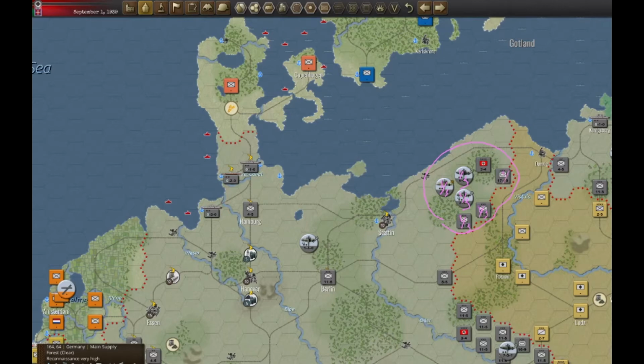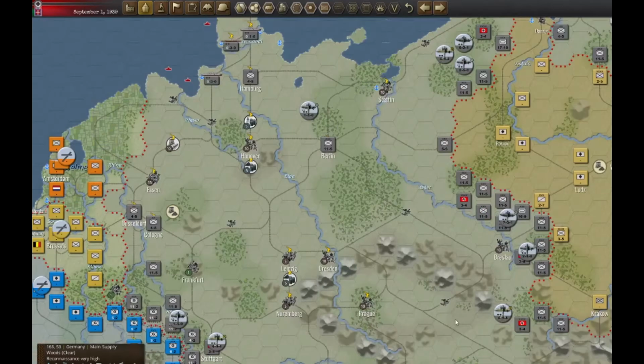So Germany at this point in time, before it's even made a move in upkeep, this is 2 1/3 oil points being used for supply trucks to deliver the necessary supplies for these units to be functional for their turn. That's a good way of actually putting it. So that's upkeep in a nutshell.